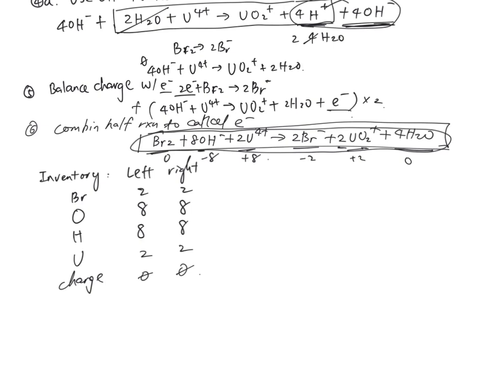Now, for example, in this case, if you're doing the arrow method, although you're still drawing arrows and you're still trying to figure out who's gaining, who's losing how many electrons, you don't get to directly see what the oxidation half reaction or the reduction half reaction used or made during the process.